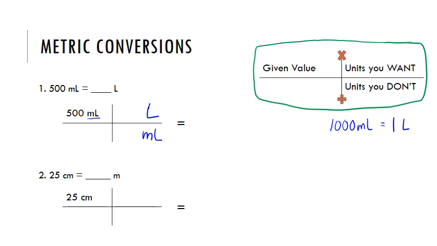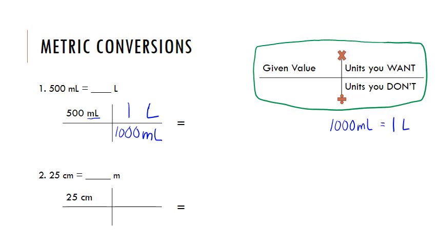We also discussed in the previous slide, and it's written at the bottom of your page, that 1 of any base unit, like liters, is equal to 1,000 milli of that base unit. So we can say that 1 liter equals 1,000 milliliters. Now that we have that information, we can fill it in to our problem. So 1,000 milliliters equals 1 liter.